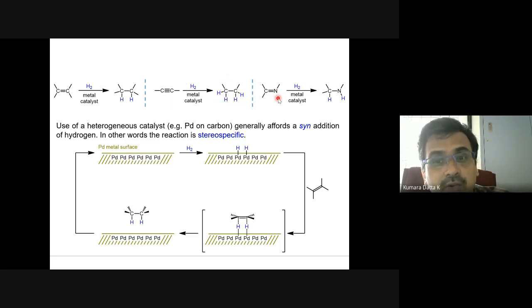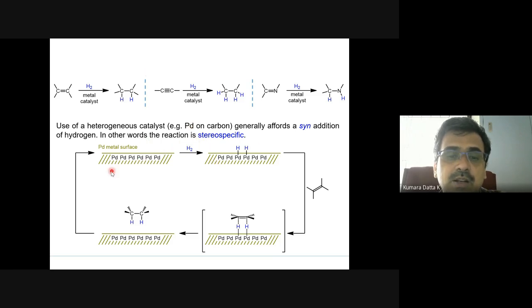Or we have systems like C double bond N. Even to this system, in all the cases, we can add hydrogen if you use a metal catalyst. Again, do not all of you worry. This you don't have in your syllabus, but in order to understand the next part, you should get a basic idea about what happens in hydrogenation.